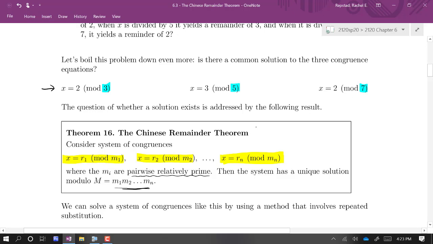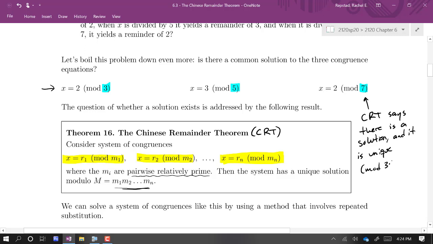So the Chinese remainder theorem, which I'm going to abbreviate CRT, says that a solution exists to this system of congruences, and that solution is unique mod the product 3 times 5 times 7, which is 105.